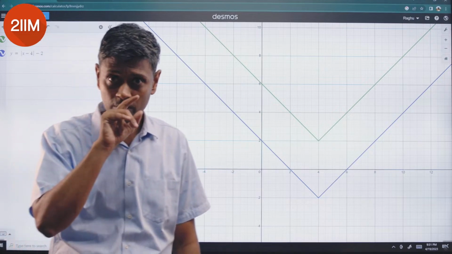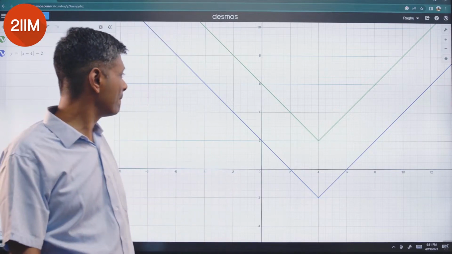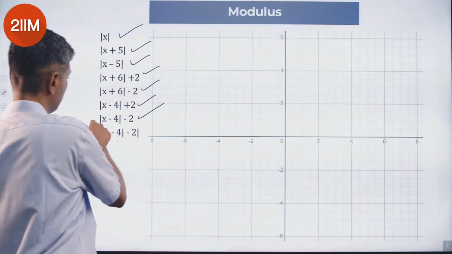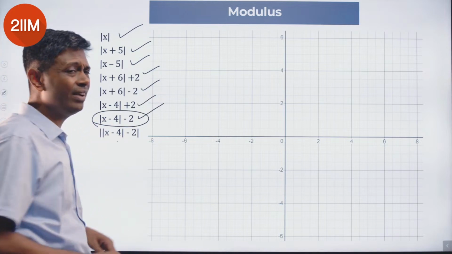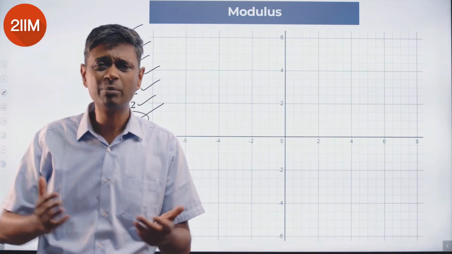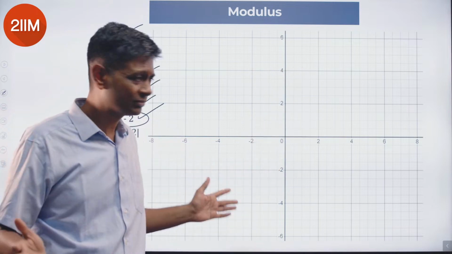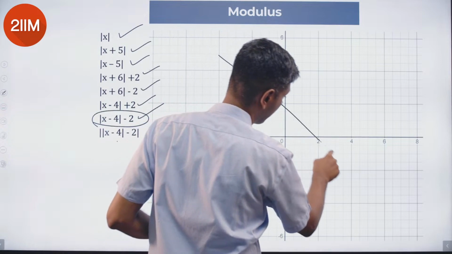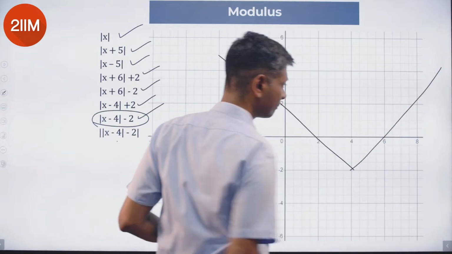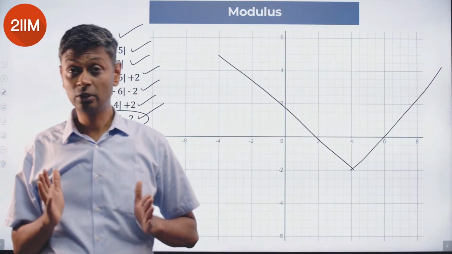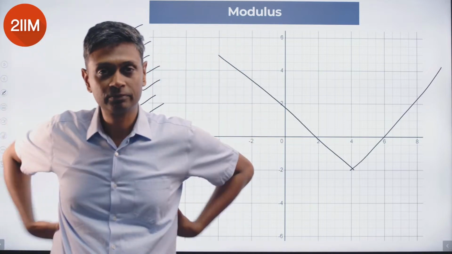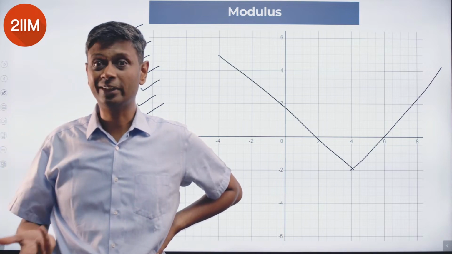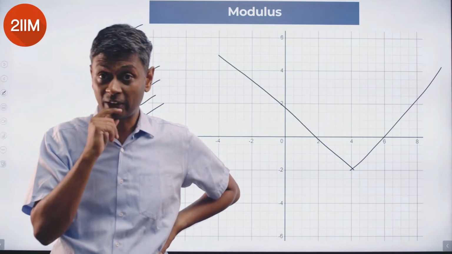So, if you think about this, whenever modulus of x minus 4 minus 2 is positive, I'm a very happy guy. Modulus of x minus 4 minus 2 is a graph like this. Whenever this is positive, modulus of that will remain the same. Suppose I am saying y is mod x. Whenever x is positive, it's just y is x. Only when x becomes negative do I have to worry.